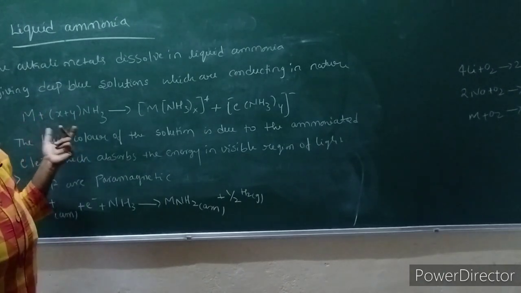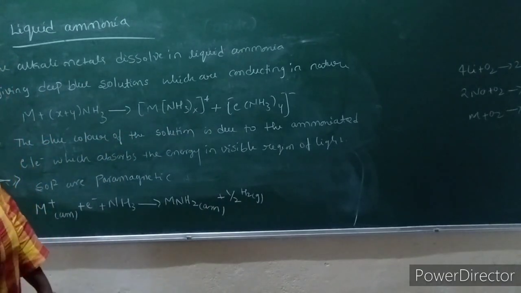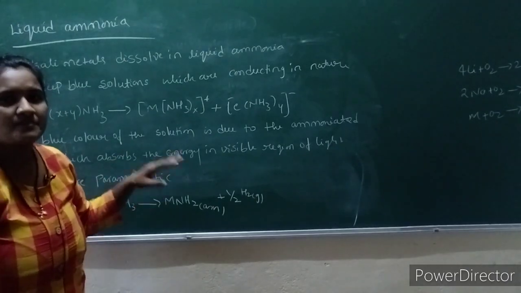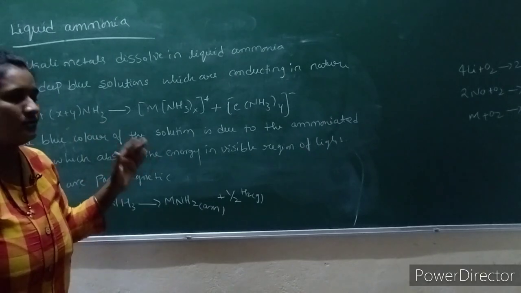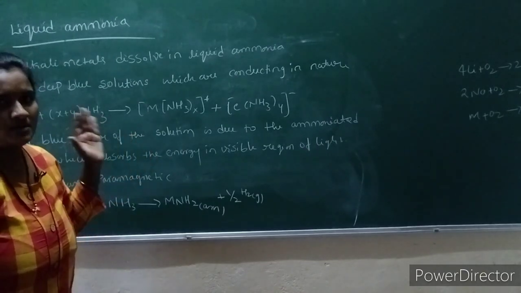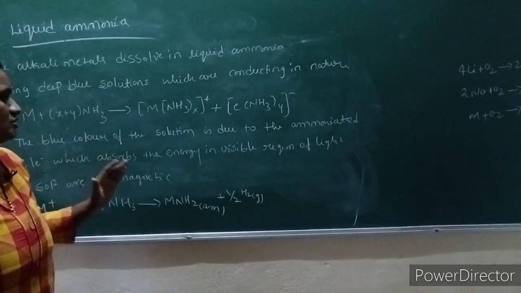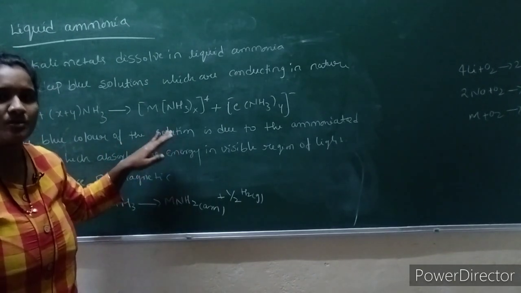When alkali metals react with ammonia they form the corresponding ammoniated ions. This ammoniated ion absorbs light in the visible region, which is the reason for the coloration of ammoniated solutions. As a result of absorption of energy by that ammoniated ion, it gives blue color.